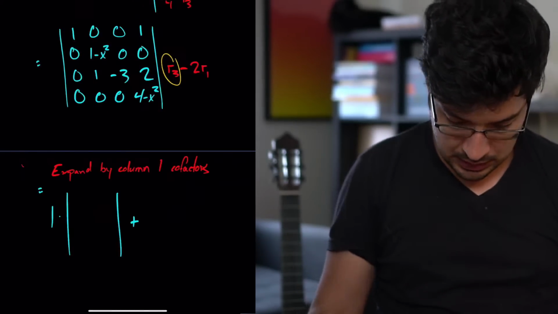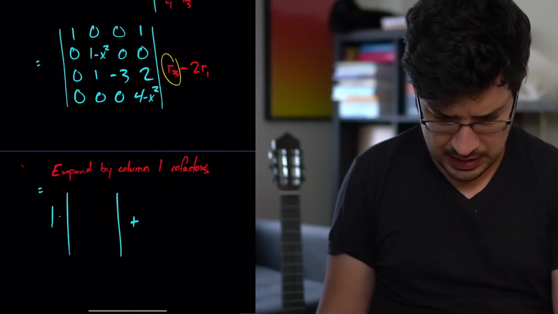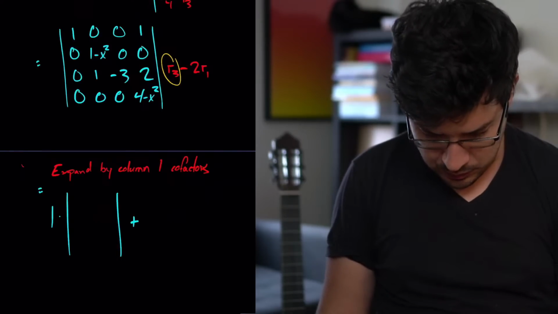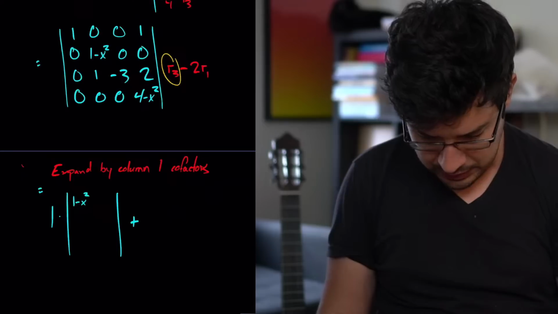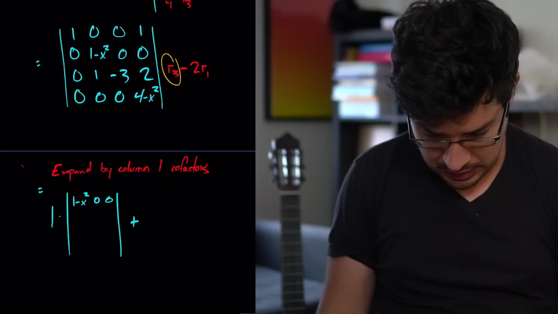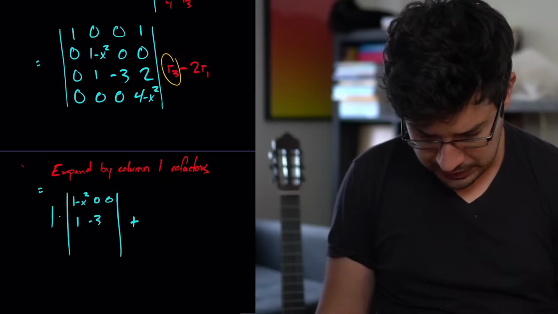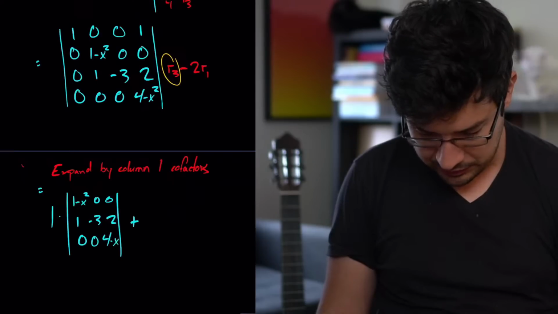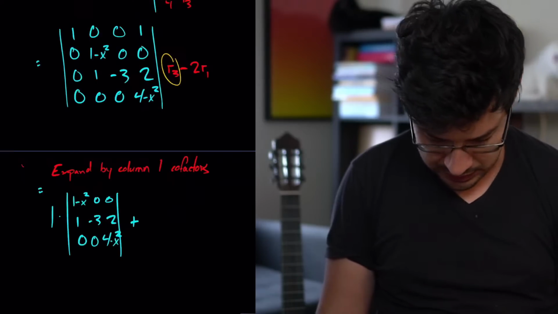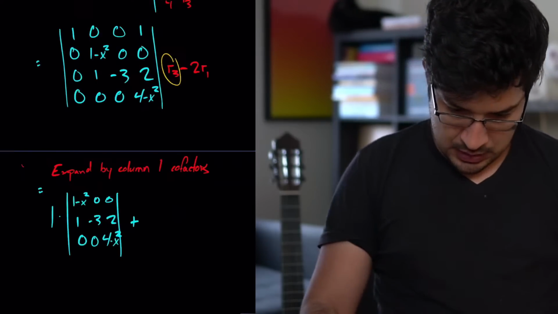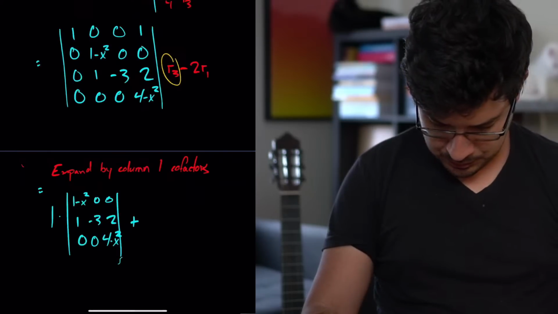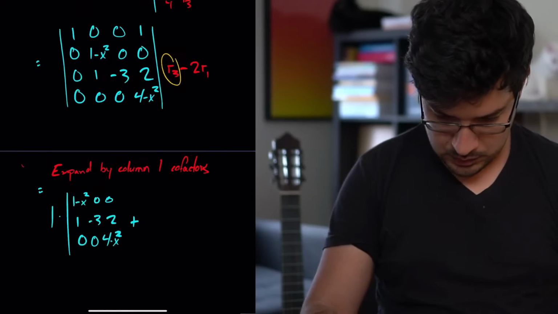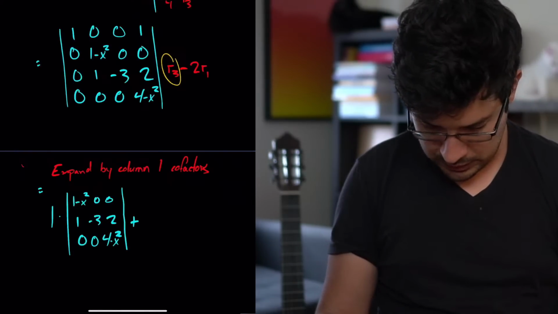Okay? So that's 1 times this determinant: 1 minus x squared, 0, 0, 1 minus 3, 2, 0, 0, 4 minus x squared. Oops, running out of space. Right there.